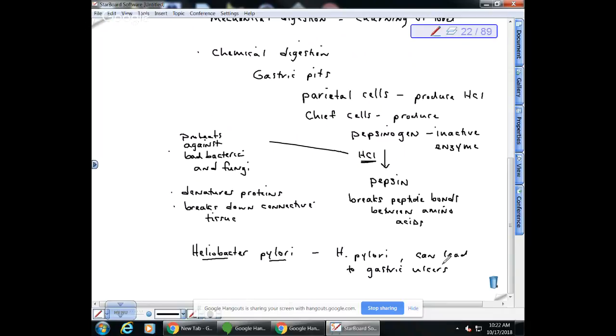So they used to believe that, even when I had ulcers 20 years ago from graduate school, right? They used to think that if you had gastric ulcers, it was stress and it was diet. So they would put you on a stress-reducing lifestyle and they would change your diet because they thought that stress caused more acid to be produced, which the acid can actually digest if there's not a mucous membrane, right? So these bacteria can get through the mucous membrane and can cause bleeding in the stomach.